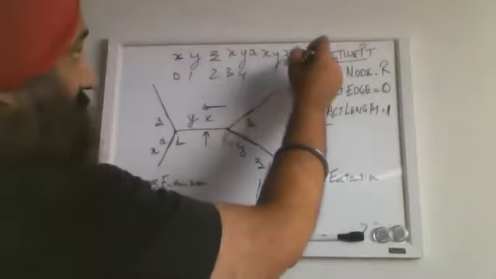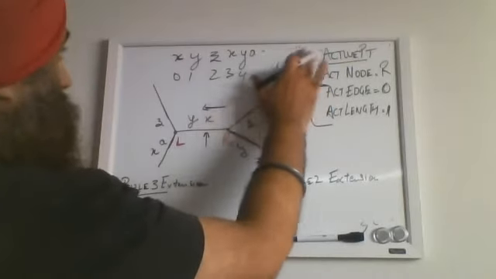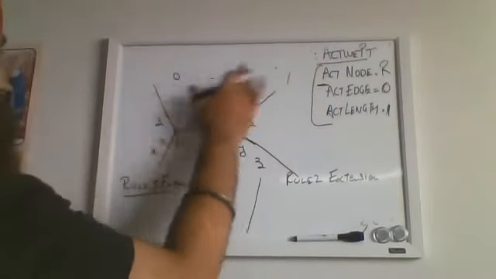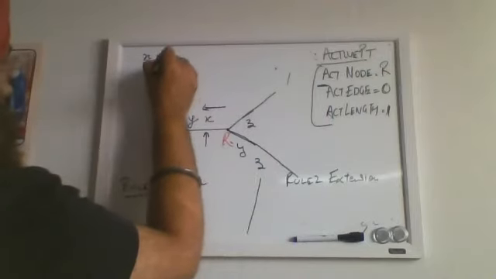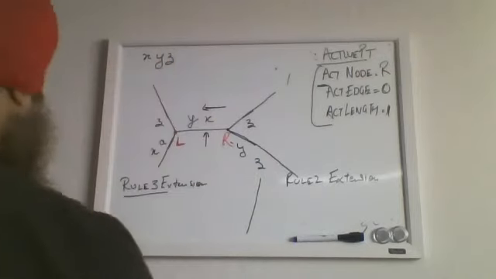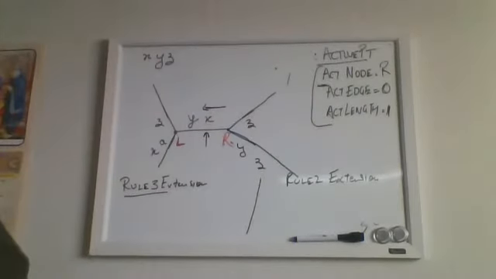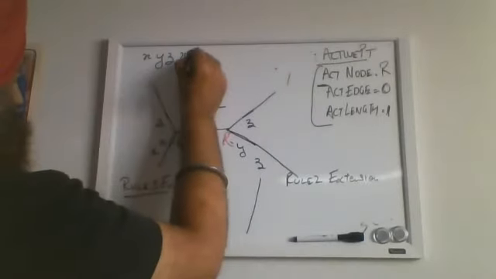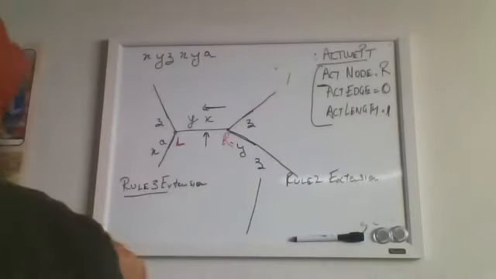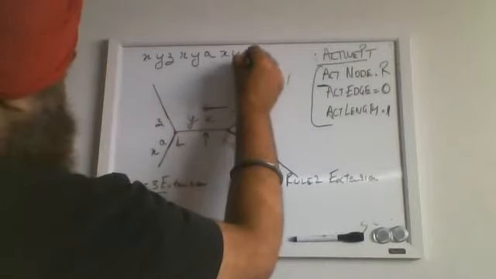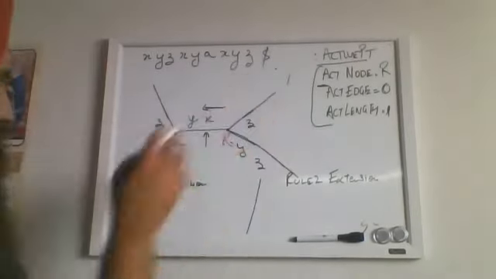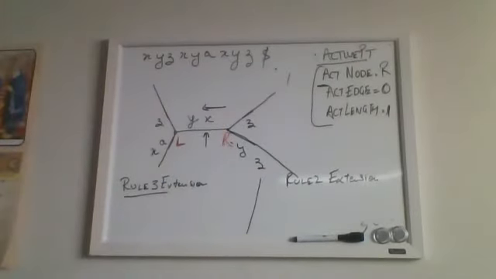And suppose after x, let me rewrite this. x, y, z, x, y, a, x, y, z, $. This is a part. Suppose this is not a complete tree.